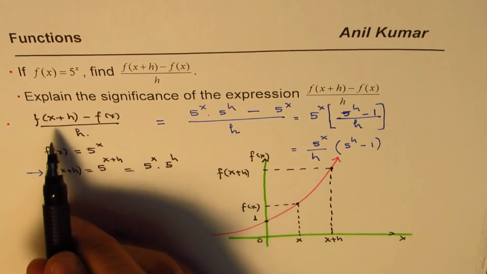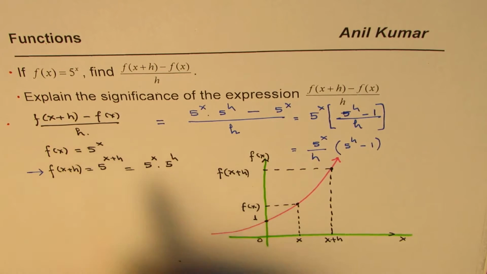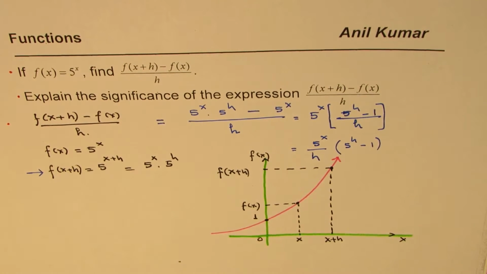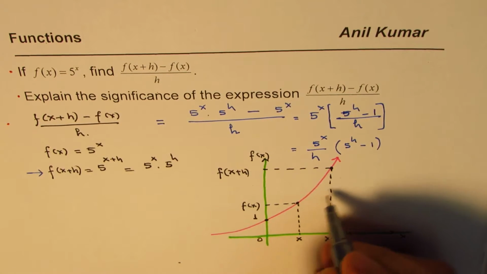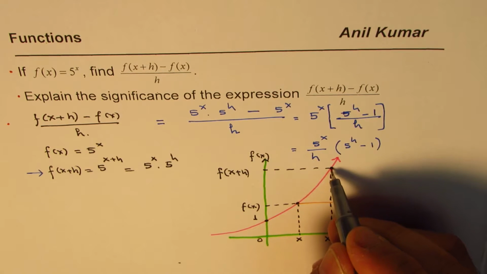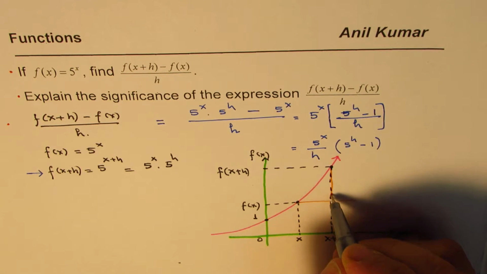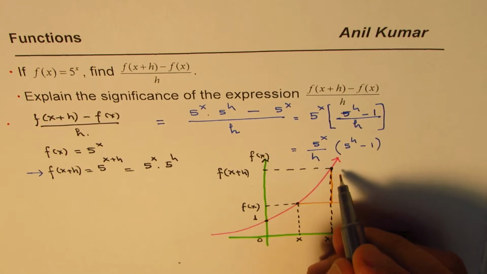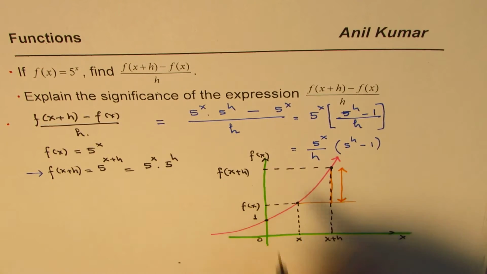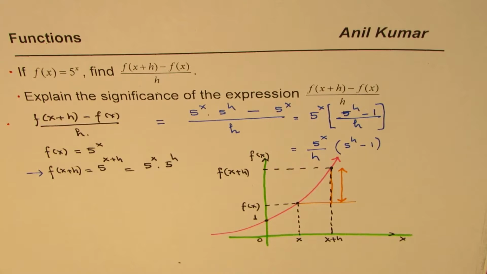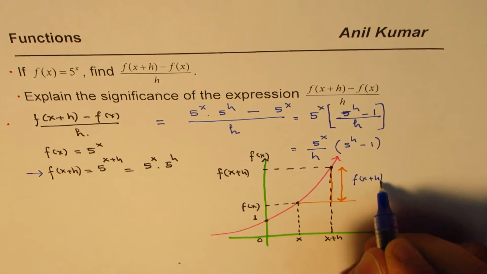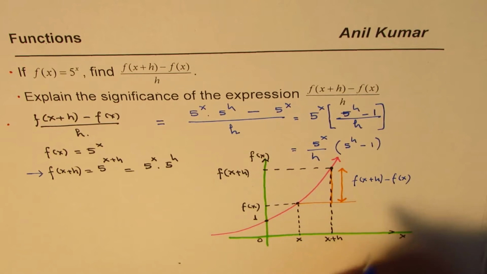Now, see what the difference between these two is. Well, if I join them, this is f of x, this is x plus h. So this portion from here to here represents f of x plus h minus f of x, correct?